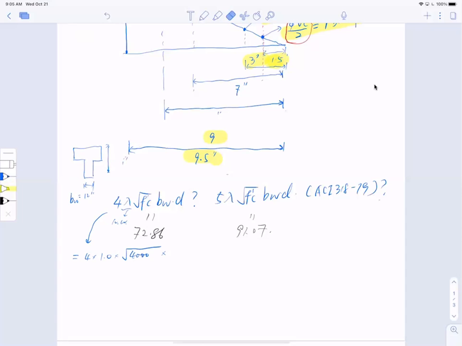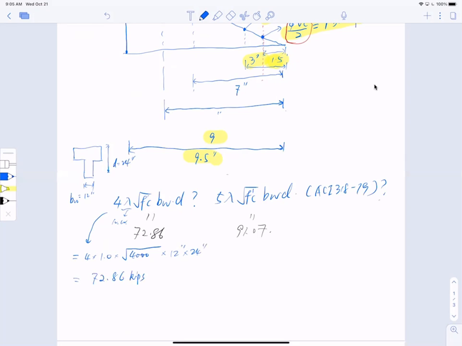That's just the section. I got this number to be 72.855, so 72.86 kips.